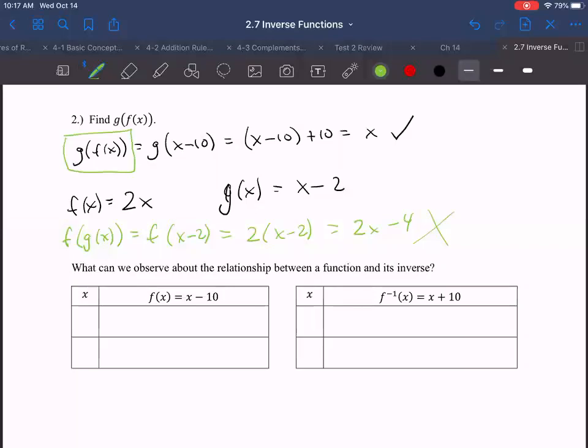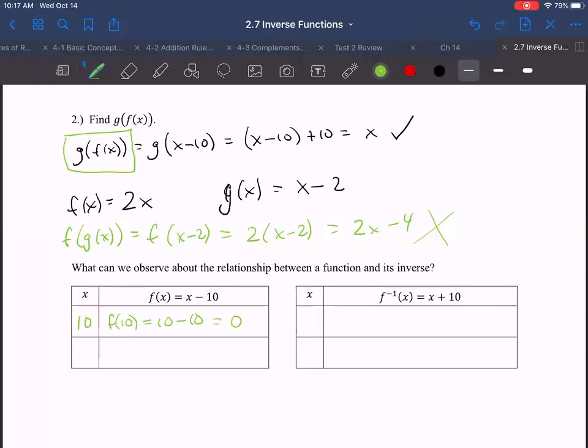All right, let's take a look here and see what we can observe about this relationship where we have f of x equals x minus 10 and the f inverse of x equals x plus 10. So if we try plugging in values like this, let's say we start off and we plug in 10. We do f of 10 equals 10 minus 10, which equals 0.